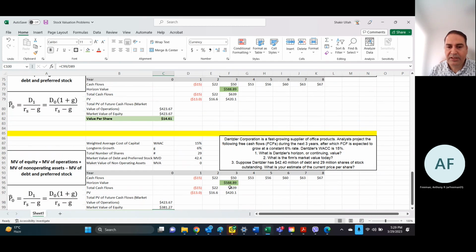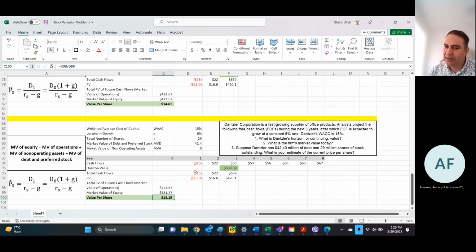We're still doing the same business, same customer sales, same sales and expenses. But the only thing that is different is that in the previous example, we did not have any debt, and for that reason the market value was higher. When we introduce debt, the market value per share goes down a little bit because now we have debt that has to be repaid before we can find the value of the stock. So we take that debt's value out in order to value the company.